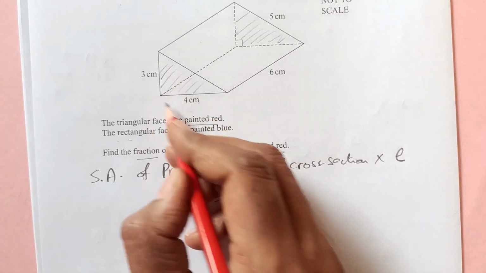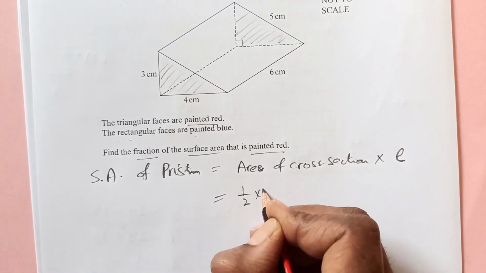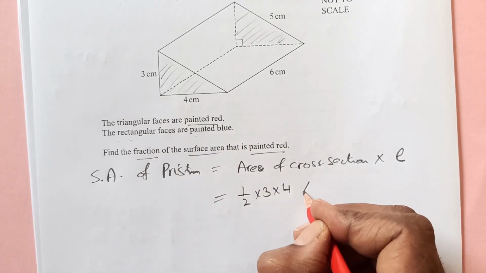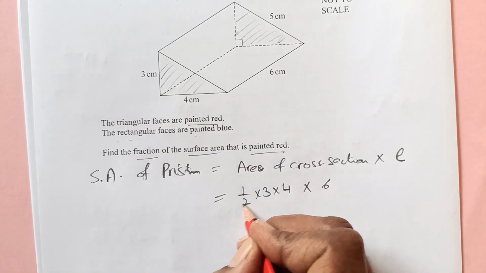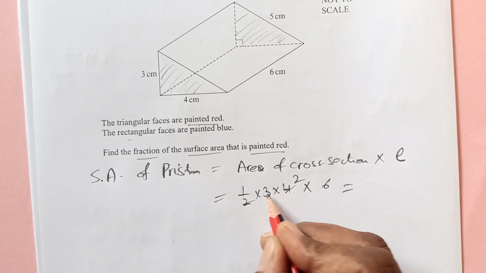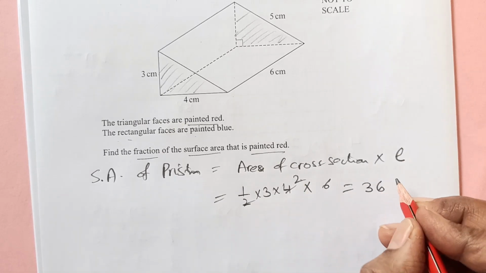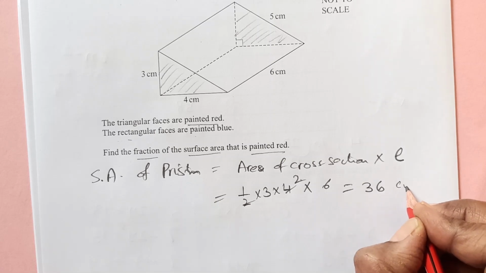Area of cross section is area of this triangle, half times 3 times 4, base times height, and the length is 6 here. So 2 times 2 is 4, so 3 times 2 6, 6 times 3 is 36, right? Centimeter square.